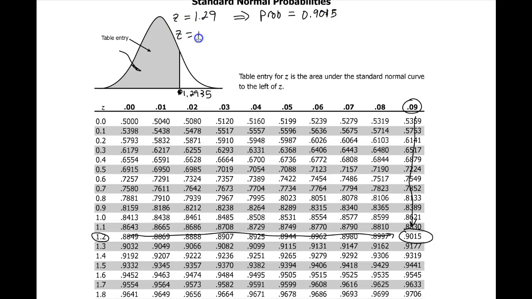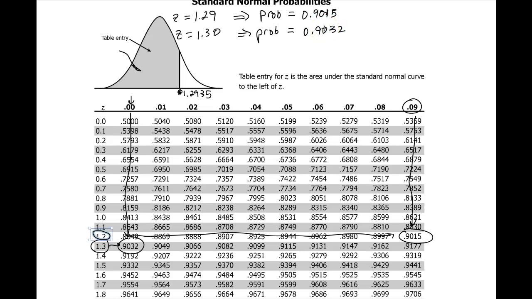If we do the same thing for 1.3, in particular 1.30, so we use this column, and that maps down to here and here. So that means this goes along with the probability of 0.9032. Okay.